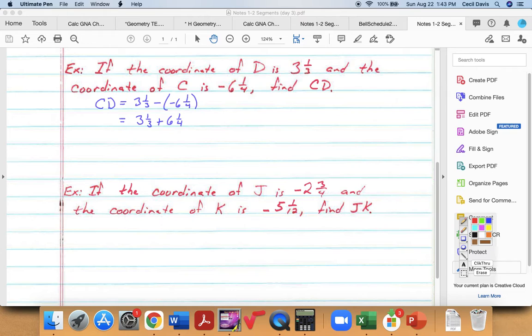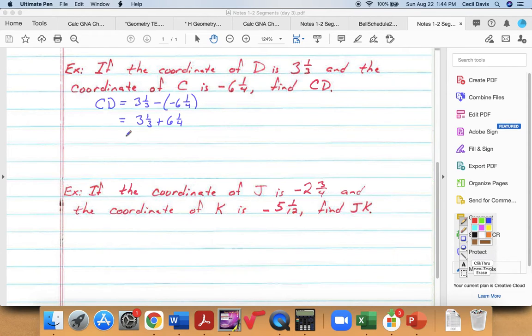Now, from here, I occasionally have students that want to make this an improper fraction. And you certainly can, and I'll show that in just a second. But it's actually easier not to when you're adding.